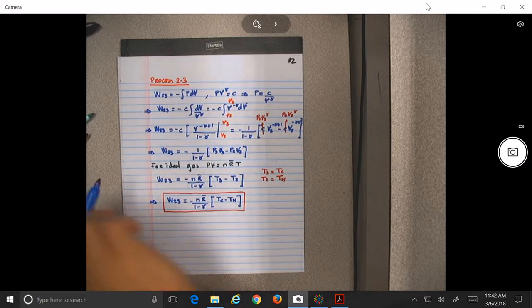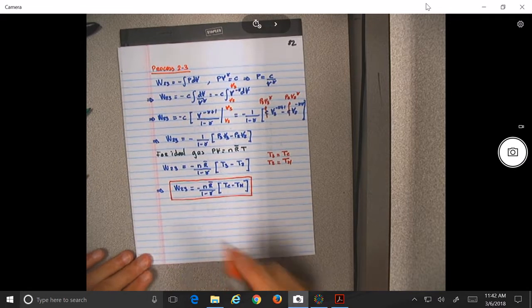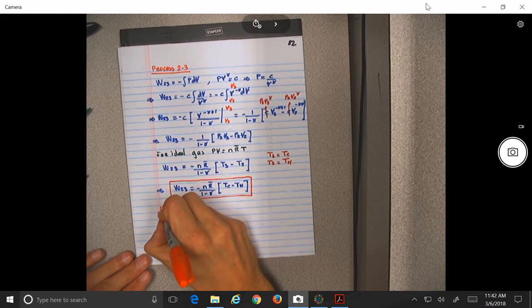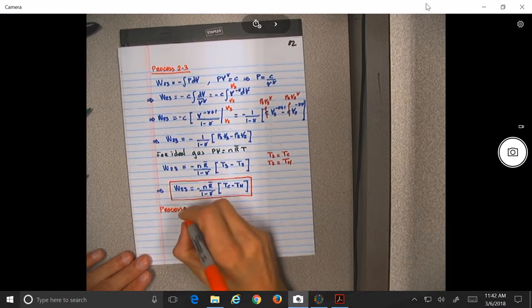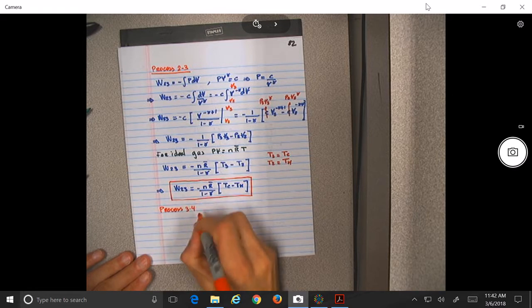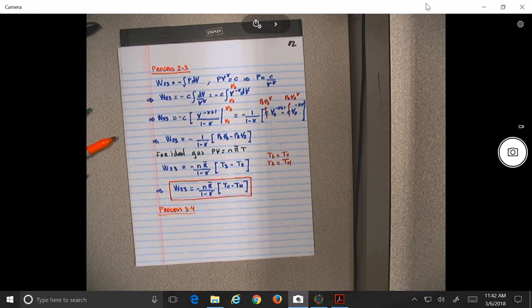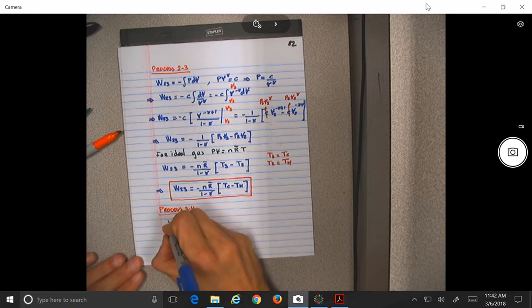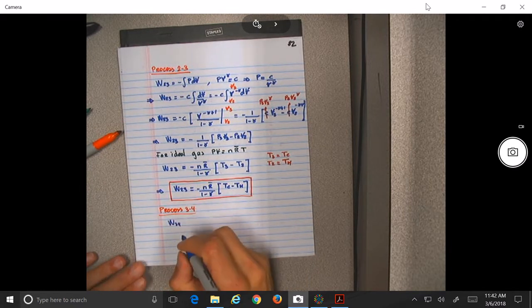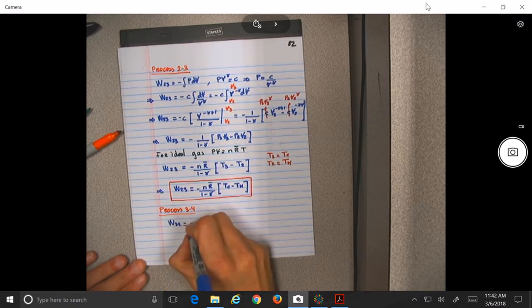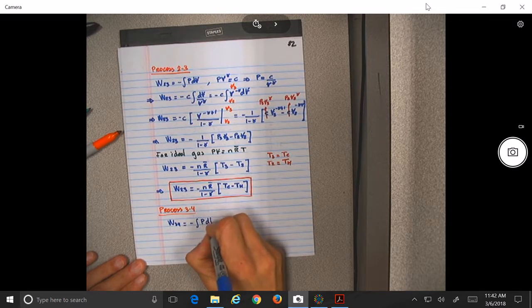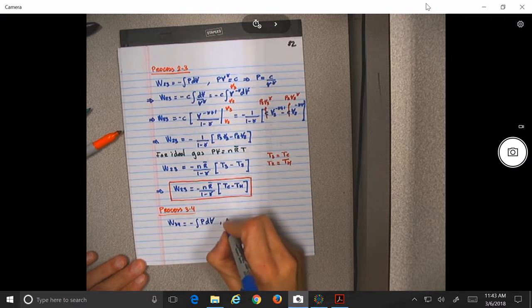Alright, so let's see. So then we go to process 3/4. So now I'm really going to start going a bit faster. So work 3/4 equal to minus P dV. What type of process is that?